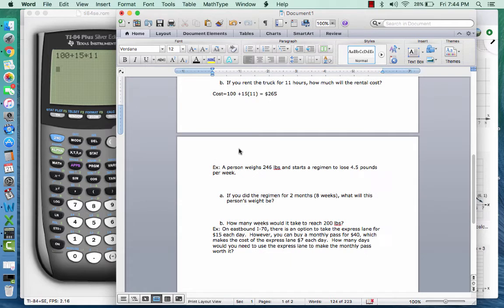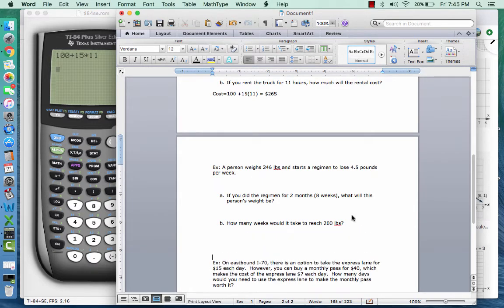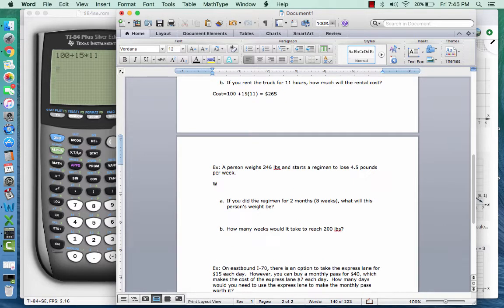A person weighs 246 pounds and starts a regimen to lose 4.5 pounds per week. So the weight depends on how long they've been on this regimen, the weeks. So I'm going to say weight, that's my Y value, is equal to the starting amount of 246. Now I have a negative rate because I'm losing 4.5 pounds for every week.